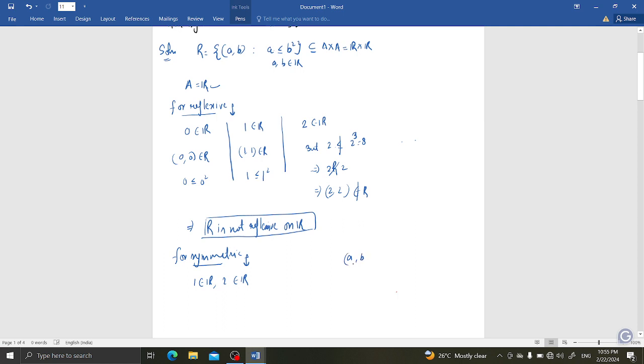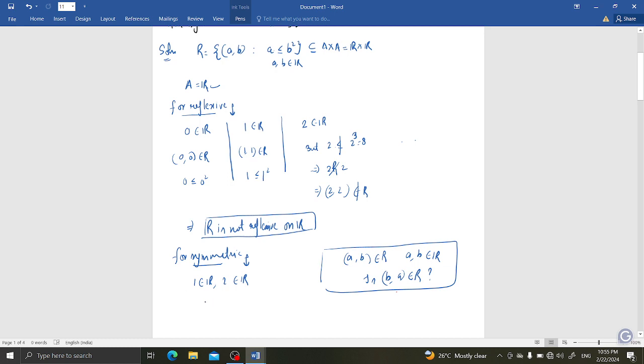If (a, b) belongs to relation R where a and b both are real numbers, then does (b, a) belong to R or not? We need to check, and if this is true for each ordered pair then we can say it is symmetric.